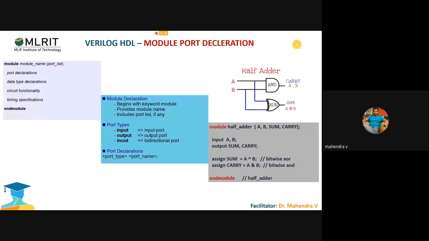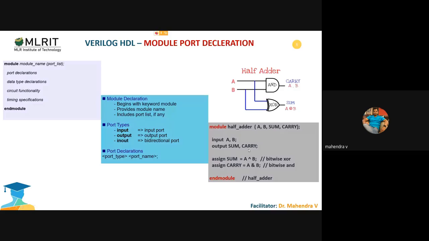Now, is it good to go next? All of you understood the concept of what a module is and how modules are written. Modules means how a program is written. Basic programming of Verilog starts with the module keyword, then the module name, port list, then port declaration, and the circuit functionality.